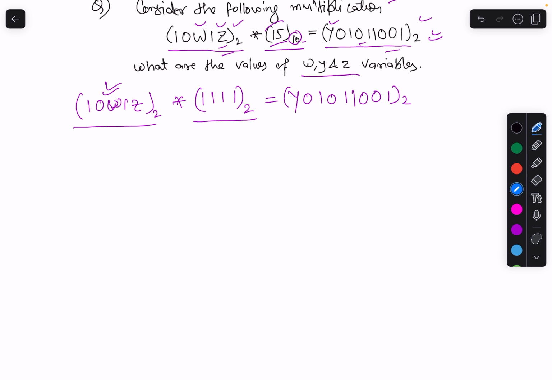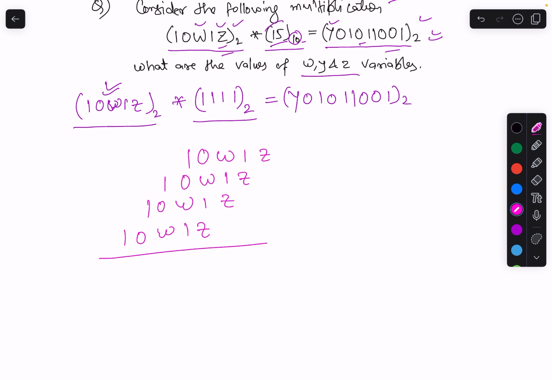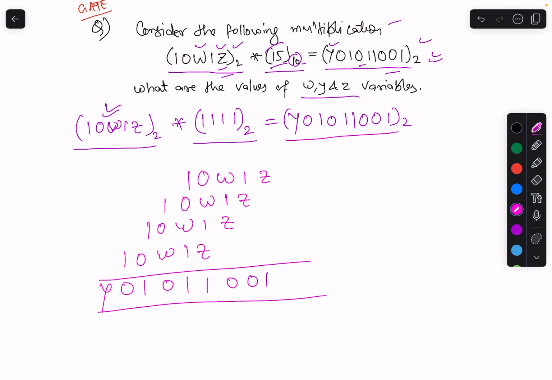So let's do this. 10w1z, we write it 4 times, 10w1z, 10w1z, 10w1z, and we will add this. After adding, the result is this. So it is 10011010y, right?